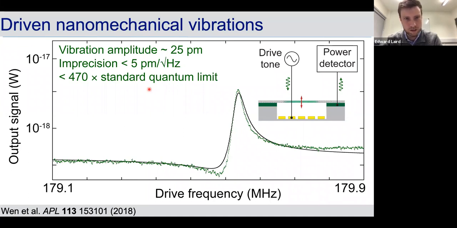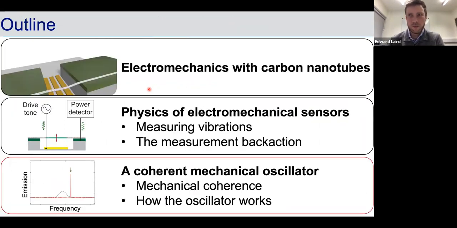So this isn't world-beating, but it certainly is a sensitive measurement of the nanotube's vibrations. So if the nanotube is oscillating, then we should be able to detect that. And that is what I'm going to do in the last part of this talk.